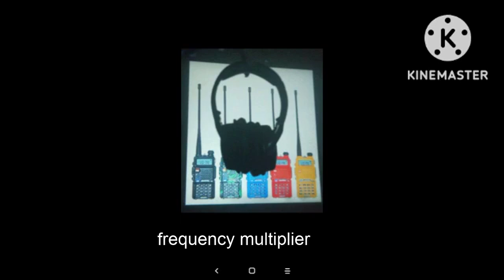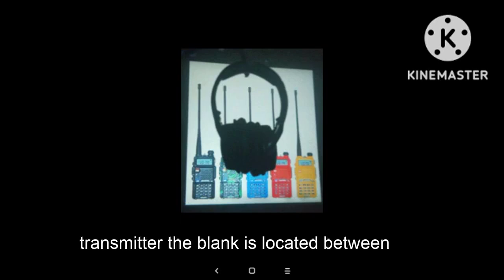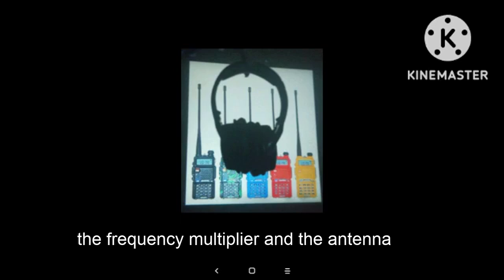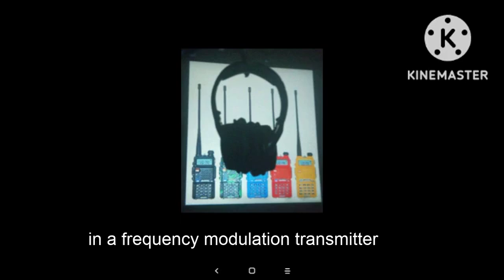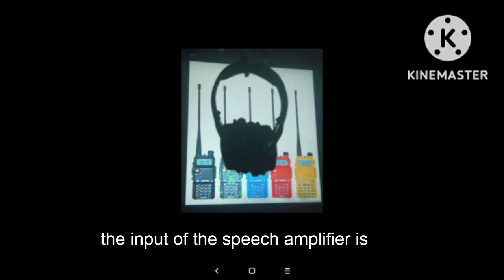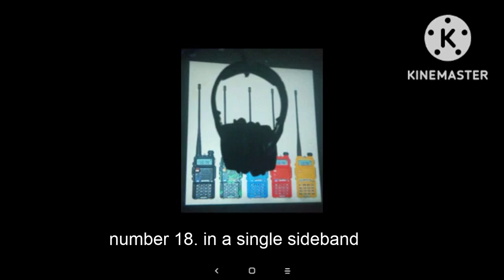Frequency multiplier. Number 16. In a frequency modulation transmitter, the blank is located between the frequency multiplier and the antenna. Power amplifier. Number 17. In a frequency modulation transmitter, the input of the speech amplifier is connected to the microphone. Number 18.